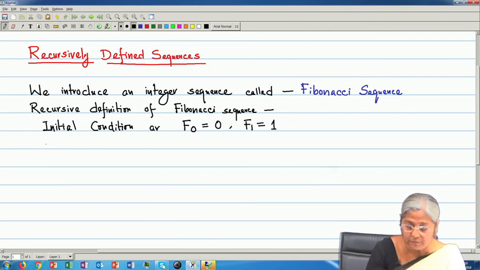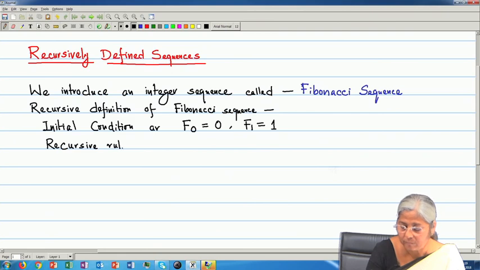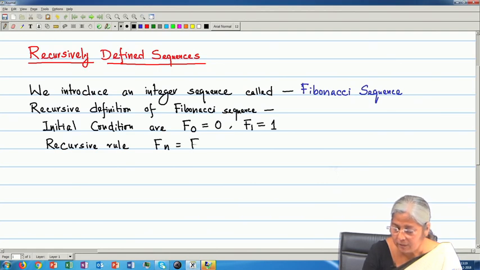And the recursive definition, or I can say the recursive rule, is f n equal to f n minus 1 plus f n minus 2.